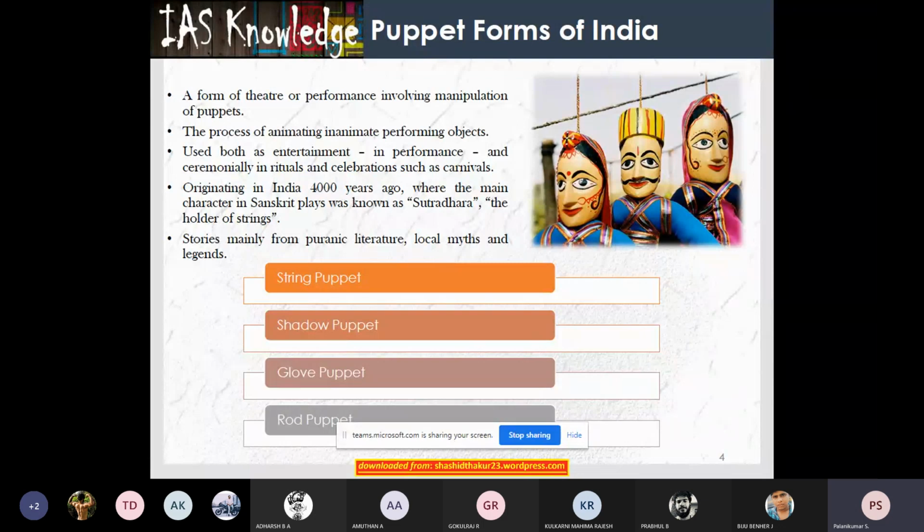All these things were transferred from generation to generation. It originated in India 4,000 years ago. Imagine that 4,000 years ago, this type of theater performance was started in public places, especially during the carnival or festival time.